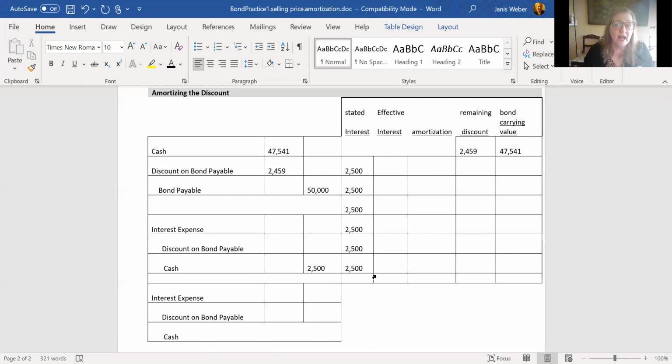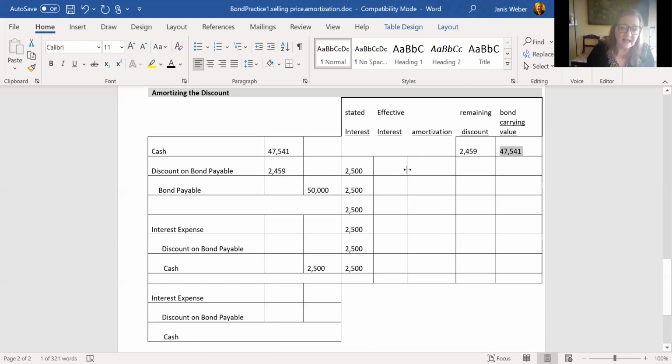And then to see how much the interest should be debited, we calculate the effective interest by taking the effective interest rate, which is the 12%, 6% each of the 6-month periods, and we multiply it by the current bond carrying value. So right now, at the initial stage, when we make the first payment, the carrying value is 47,541.